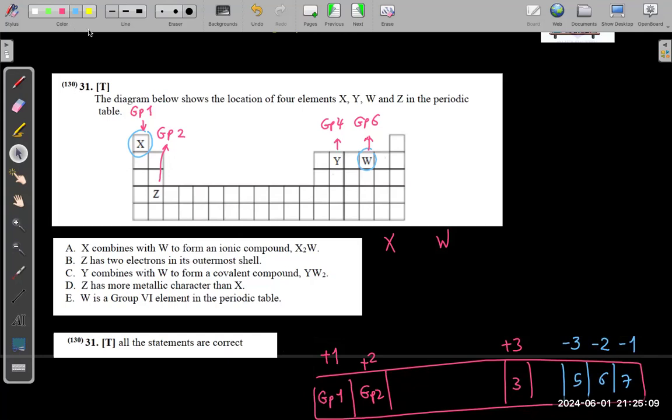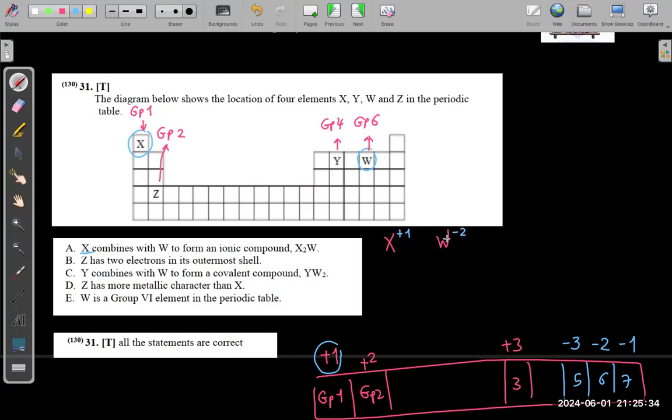So this is plus 1, plus 2, plus 3, minus 3, minus 2, minus 1. Okay, I have X. X is in group 1, so what is the number with group 1? Plus 1. So I'll put plus 1 here. What about W? Group 6, so it will become minus 2. Then what do I do with the numbers?